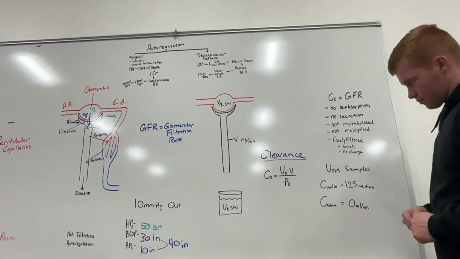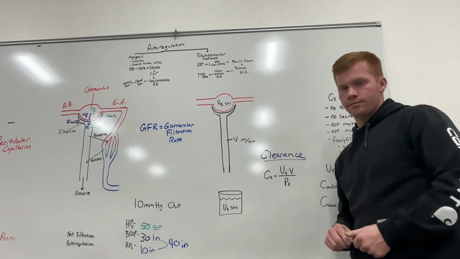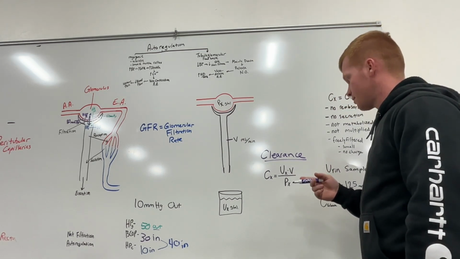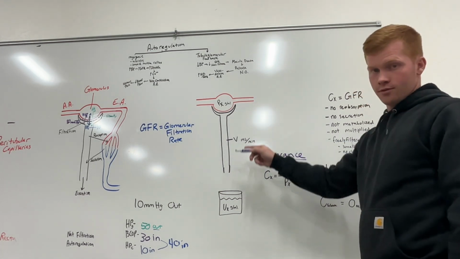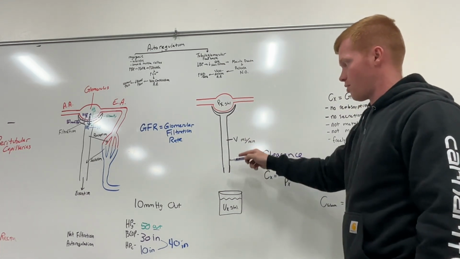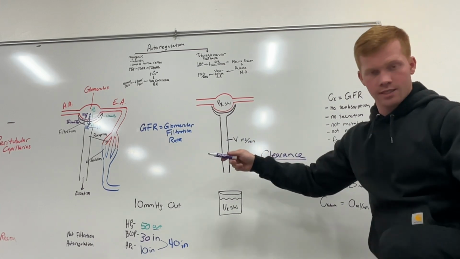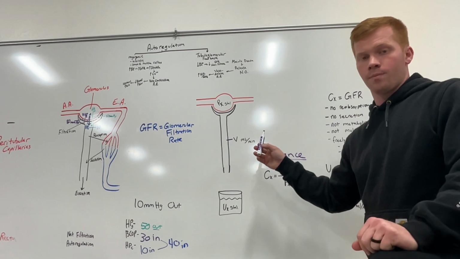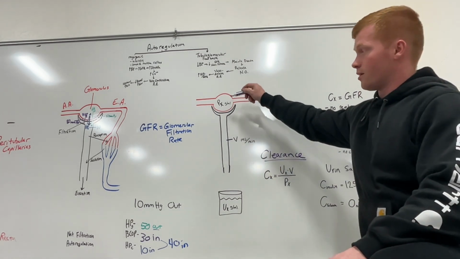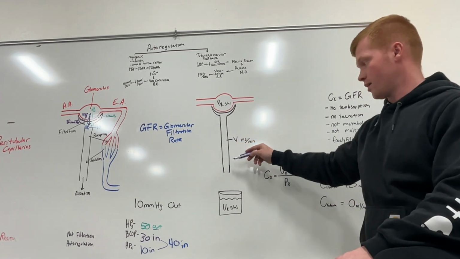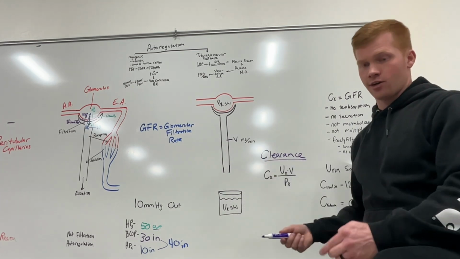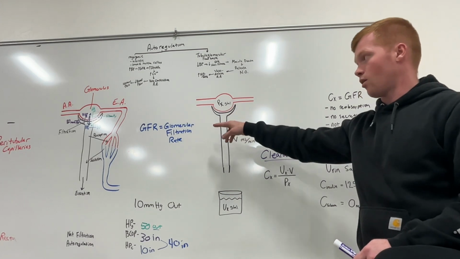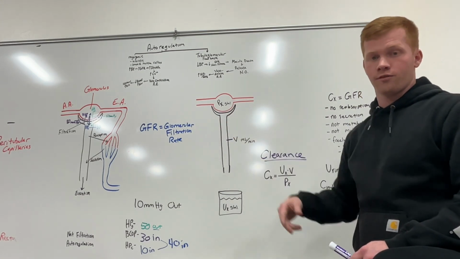So what I'm trying to get at here is if we have a substance that is able to make it through 100% without being reabsorbed, secreted in, metabolized, or pretty much taken away or multiplied, and it's able to be freely filtered, all of it able to be filtered through here, that's going to give us an accurate reading of what our glomerular filtration rate is.